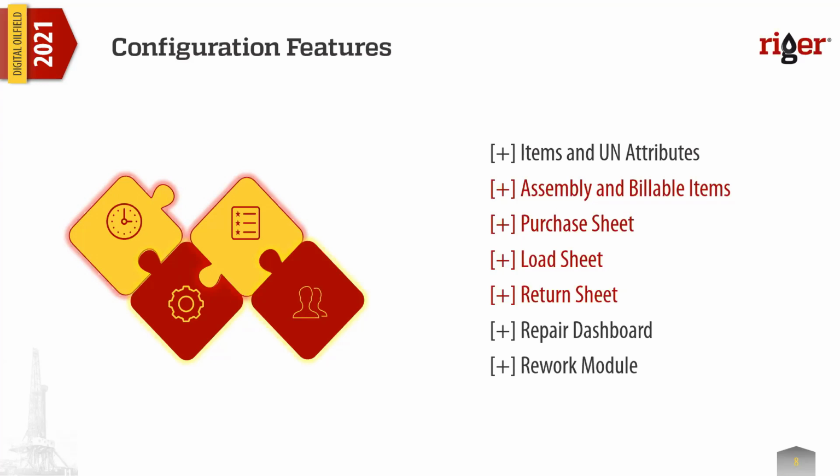And repair dashboard and rework module are specific modules in the Frac and Flowback configuration that are responsible for maintaining the equipment, repairing it, and tracking all these activities, with sending the equipment to third-party providers or manufacturers or repair shops that will take your equipment, remanufacture it, refurbish it, and send it back. So you still have to track all these activities, and the Rework module allows you to do that.